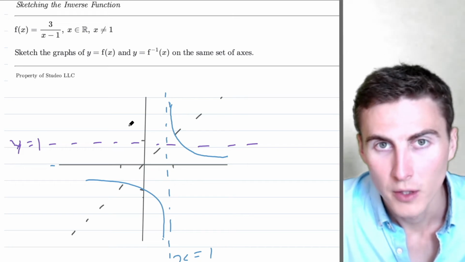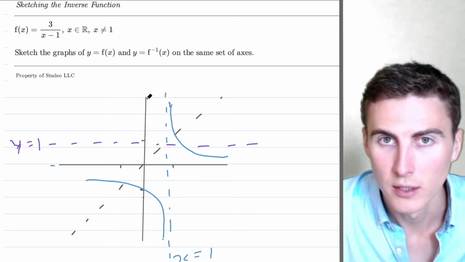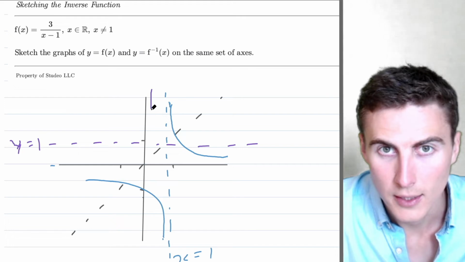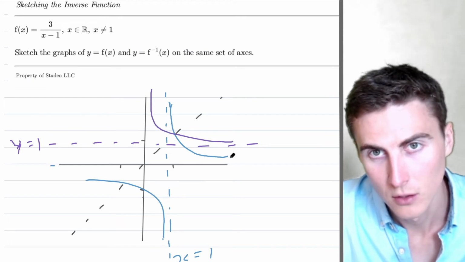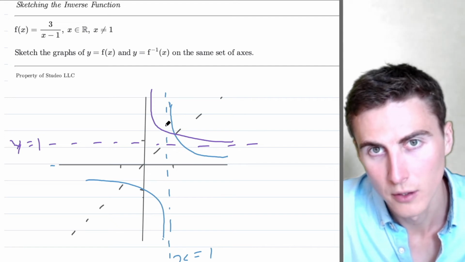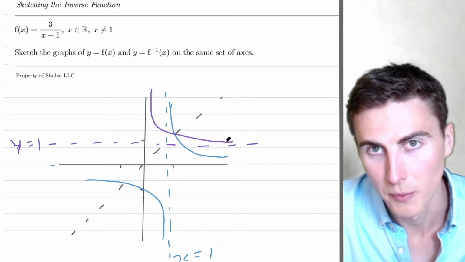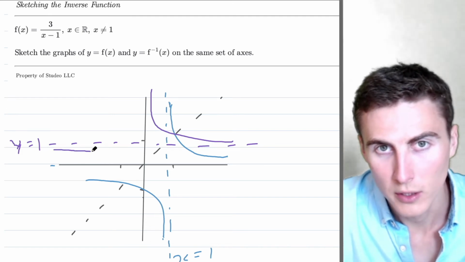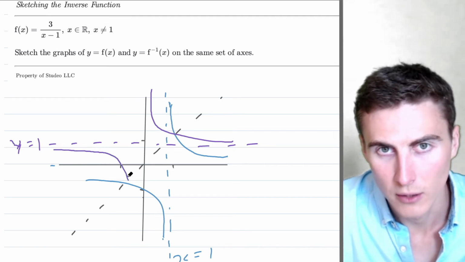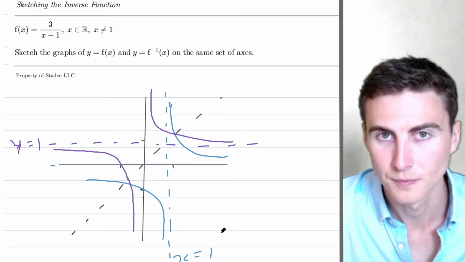And so this one, when it's flipped across the line, will look like this. You can see this bit here got flipped to become this bit, and then this bit here got flipped to become this bit. And then for this one down here, it's going to come along here and then down like that.